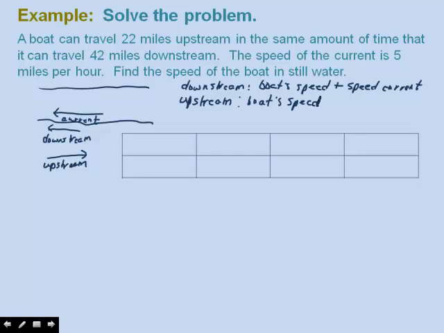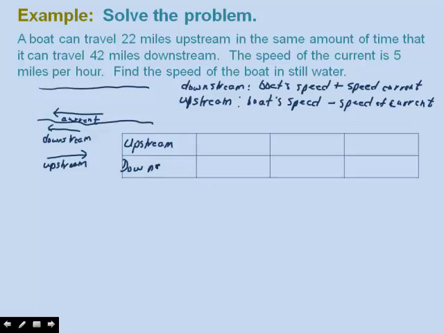But if the boat is going upstream, then since it's going the opposite direction of the current, we would have the boat's speed minus the speed of the current. It works the same way with problems where you have an airplane and the wind. If the airplane is going with the wind, then you add the speeds together. If it's going against the wind, then you subtract the speed of the wind from the speed of the airplane.